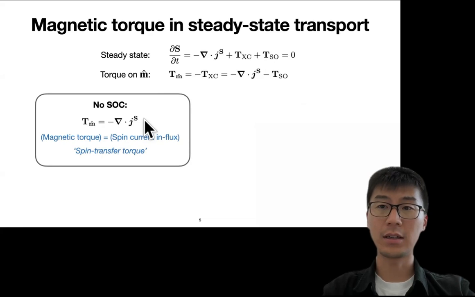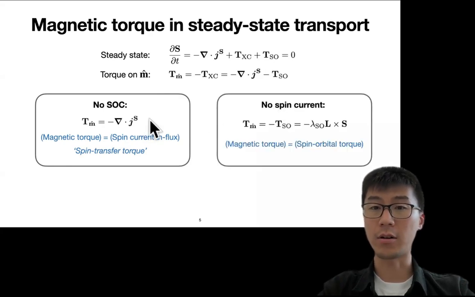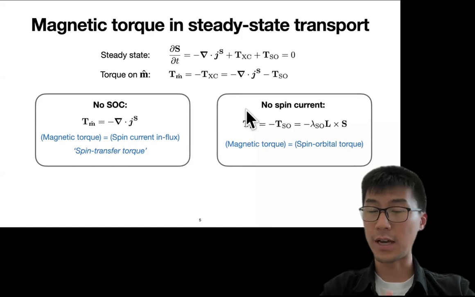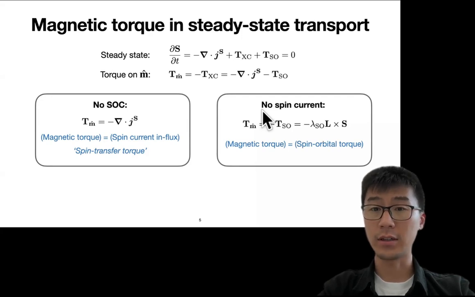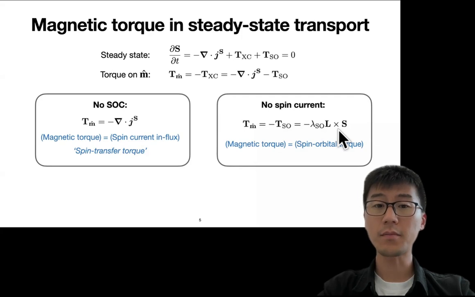It means the influx of spin equals the torque on magnetization. You can also consider the opposite case without spin current. For example, without any flow, we can have spin accumulation and orbital accumulation. In this case, the entire torque is coming from the spin orbital torque, L cross S.